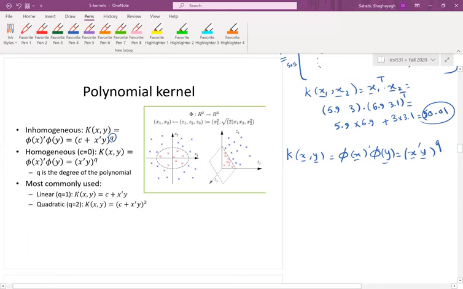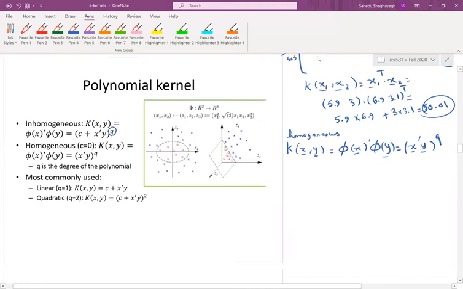So the linear kernel that we saw above, the kernel between x and y was just x transpose y, right? It's a special case of the polynomial kernel when q is equal to 1. The degree of the polynomial is equal to 1. So this is when we have the homogeneous kernel. In the inhomogeneous kernel, in addition to this, we are going to have a constant added to it.